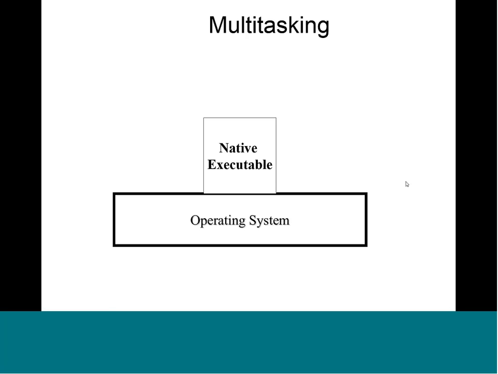You have your operating system traditionally with native executables. And the operating system acts as a conduit between the hardware and the processes that run on it. It's usually a safe execution environment, right?